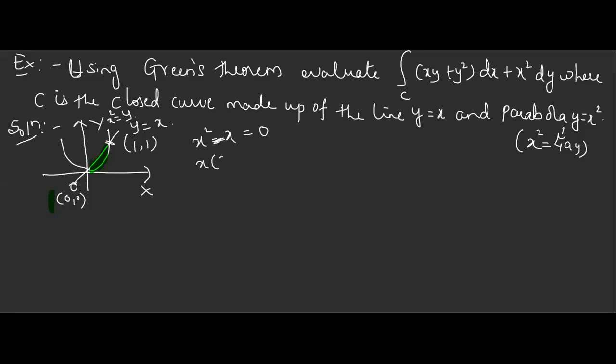Take x common, x times x minus 1 is 0. So either x is 0 or x is 1. If x is 0, y will be 0, the origin. If x is 1, y is also 1. So that is the second point of intersection. Hope that is clear. Now, I want the limits here, correct? So this is the area confirmed.